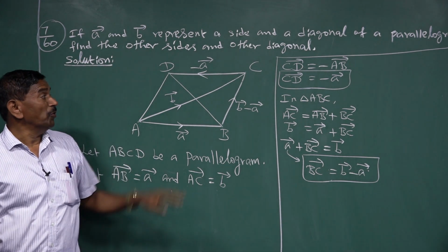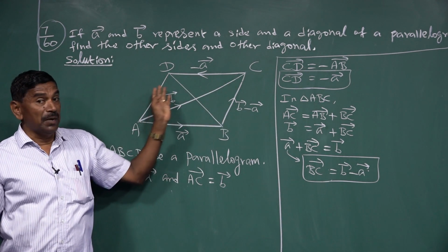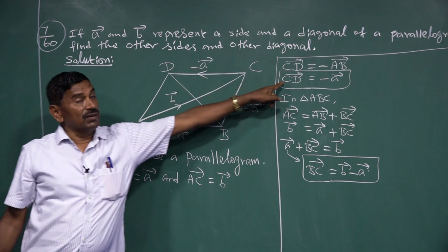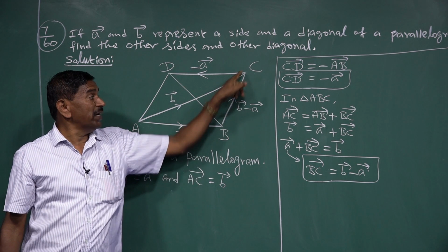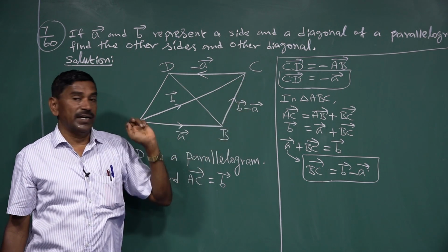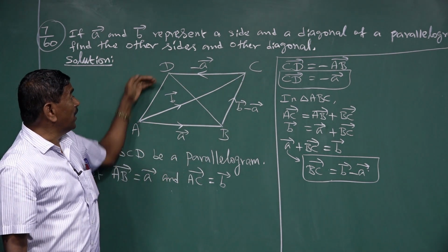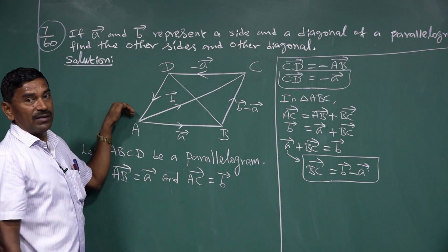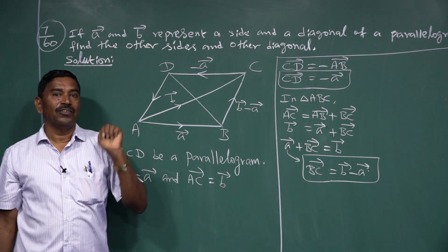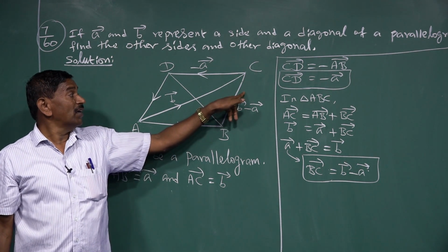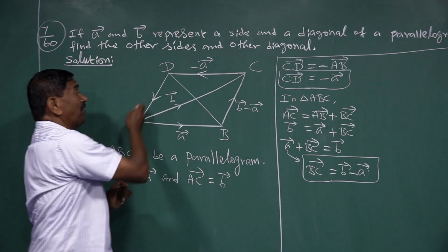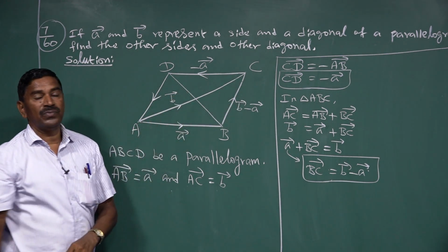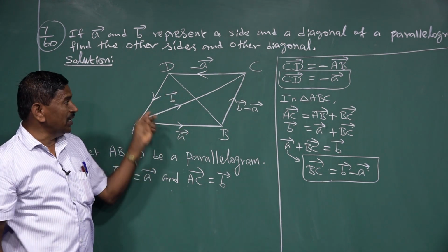We want to find the remaining three sides and one diagonal, in which vector CD is equal to minus vector a. One result. Next, vector BC is equal to vector b minus vector a is ready. Next we want to find vector DA. Vectors BC and DA are parallel and equal in magnitude, but opposite in direction.